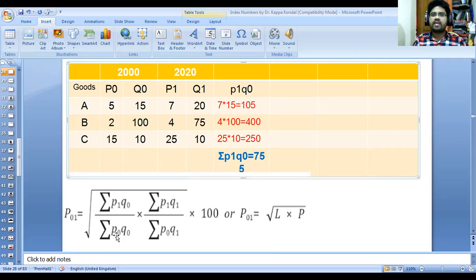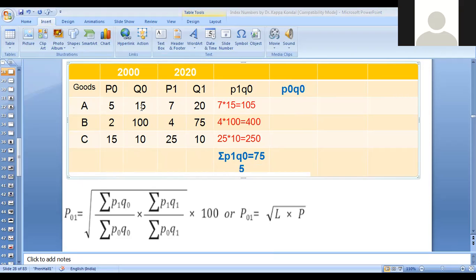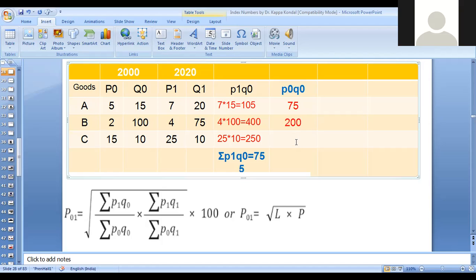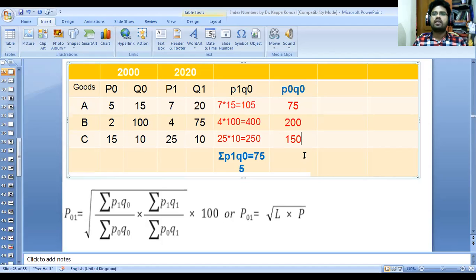Same thing, we need to calculate P0 into Q0. Here P0 into Q0, 5 into 15, how much? 75. Then 2 into 100 is 200. 15 into 10 is 150, right?